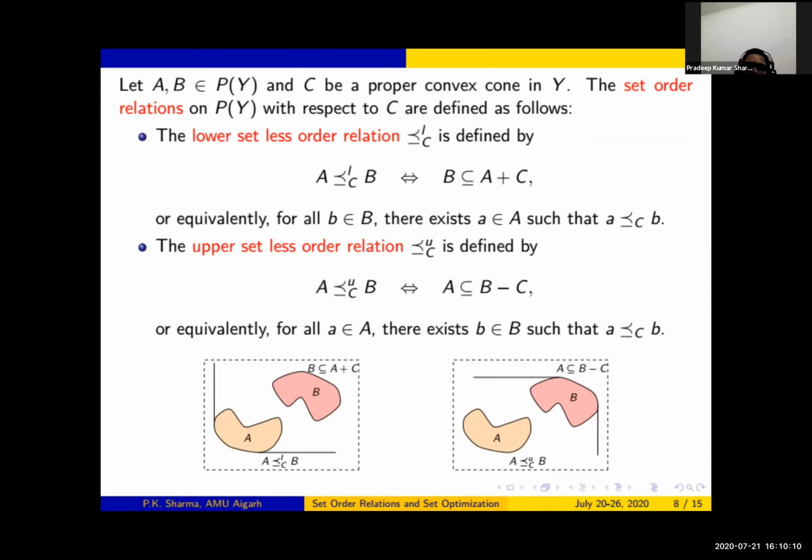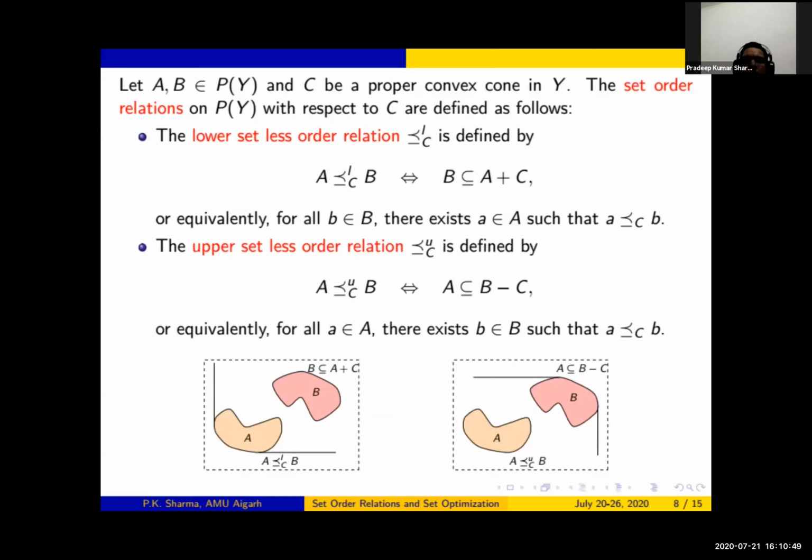In the left hand side figure, we can see that the orange colored figure represents the set A and the red colored figure represents set B. And if C is the positive orthant in R square, then we can see that B is a subset of A plus C. And similarly, in the right hand side figure, we can see that A is a subset of B minus C. So in the left hand side figure, A and B are related by the lower set less order relation, and in the right hand side figure, A and B are related by the upper set less order relation.